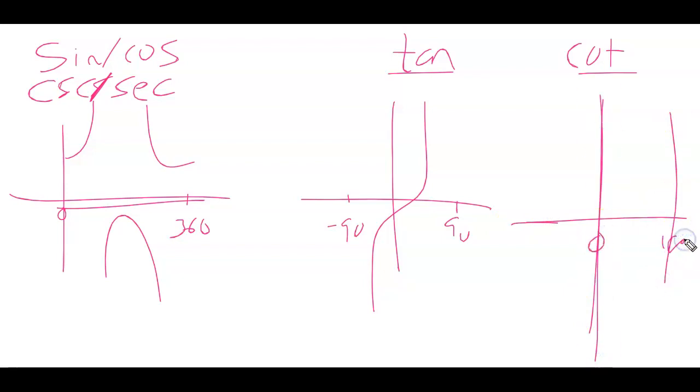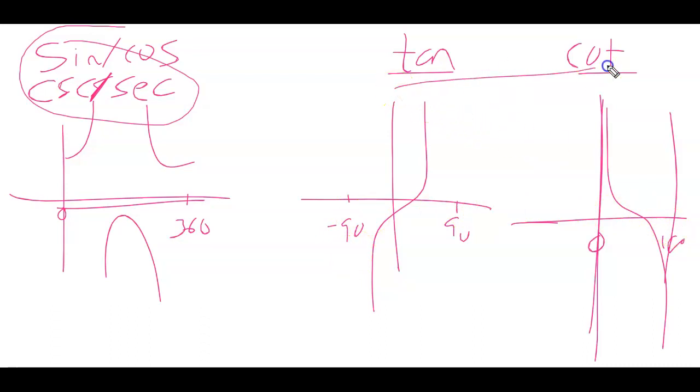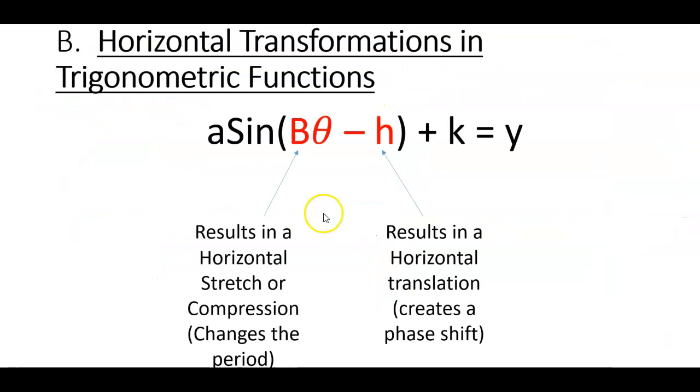So that's still a period of 180. So tangent and cotangent have smaller periods. These four have a pattern that starts from 0 and ends at 360. These two both have a pattern that has a span of 180 degrees, and then they repeat. So tangent and cotangent have smaller patterns over which they repeat.